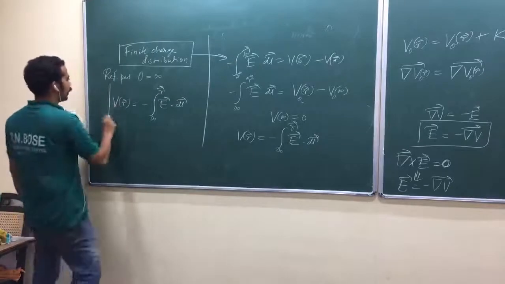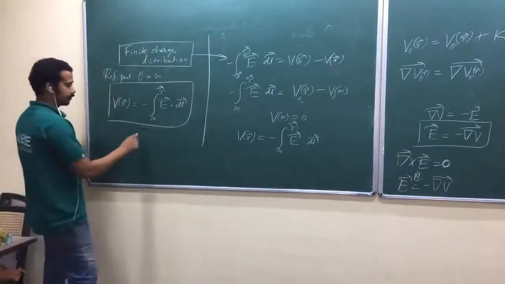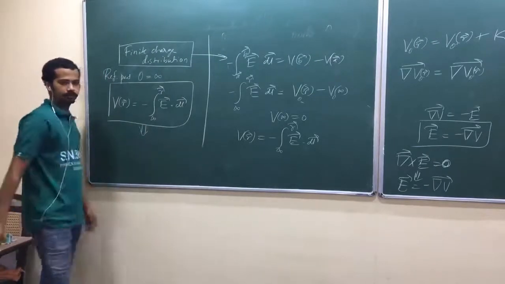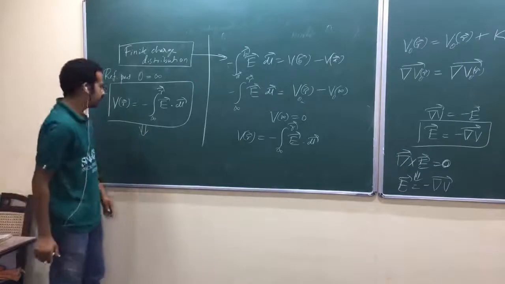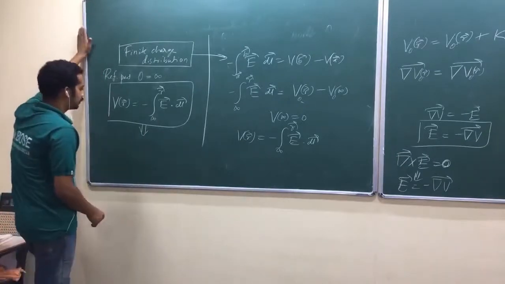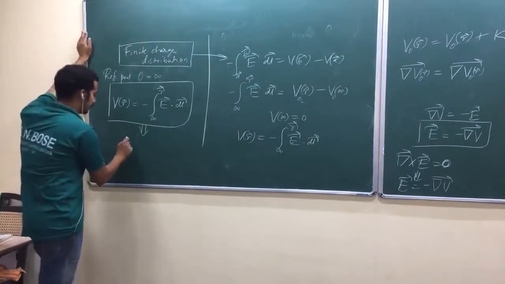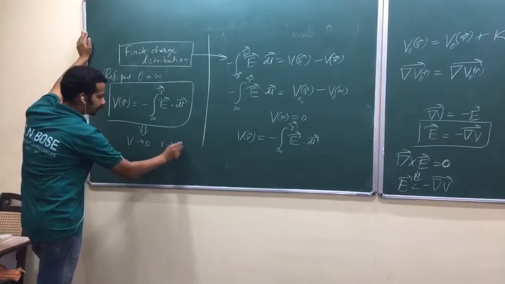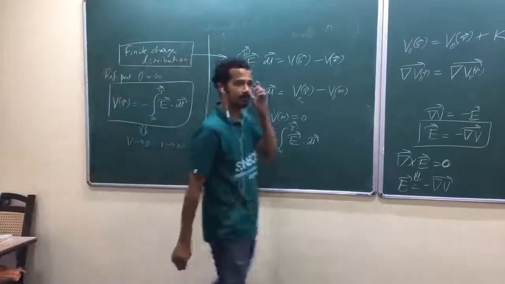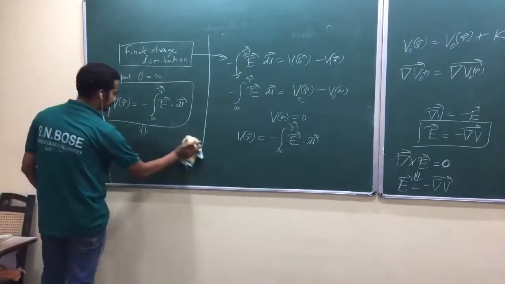Okay, so that's why this definition of potential has got a built-in assumption. What is that? So potential tends to 0 as r tends to infinity. Or potential at infinity equal to 0.